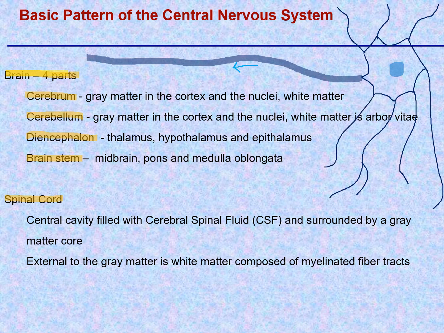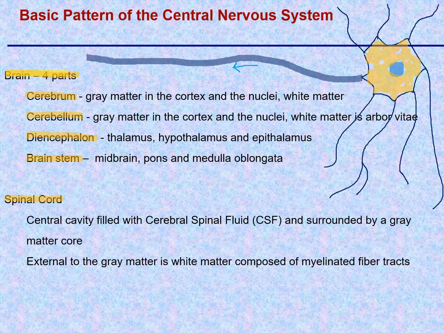So you have this major cell body here, the main part of the neuron, with a nucleus in it, and projecting away from that cell body are the axon and the dendrites, the finer dendrites and that single axon.